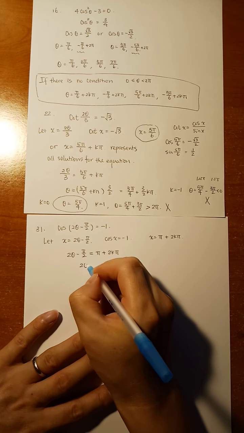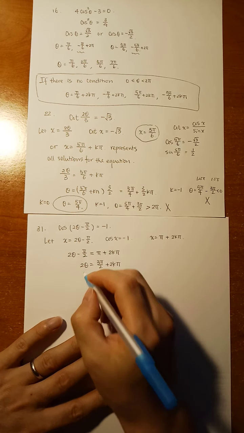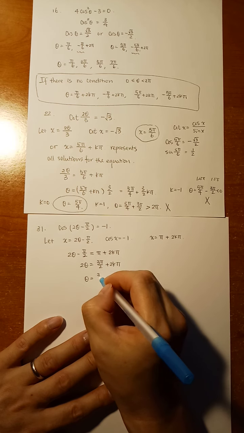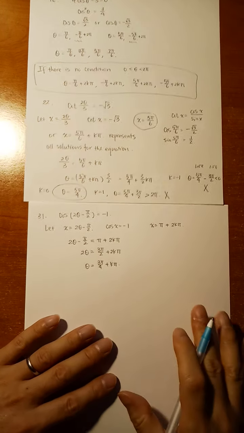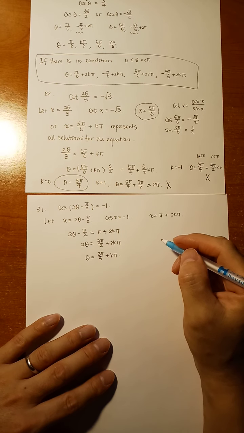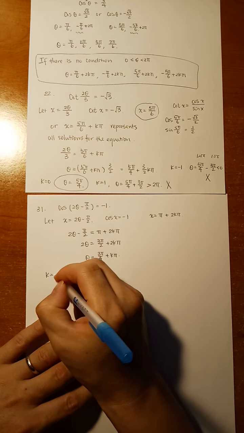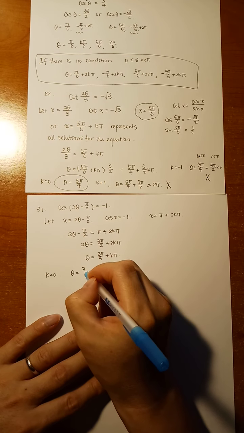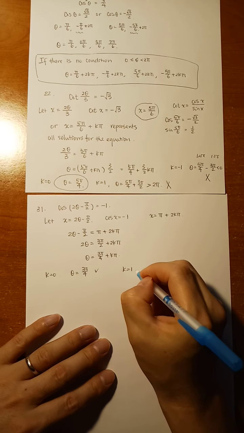You solve for theta. So move pi over 2 to the right side. It's 3 pi over 2 plus 2k pi. And divided by 2, you get pi over 4 plus k pi. Okay? So let's try. Because here you see k is 0. Theta is 3 pi over 4. Good. K is 1.